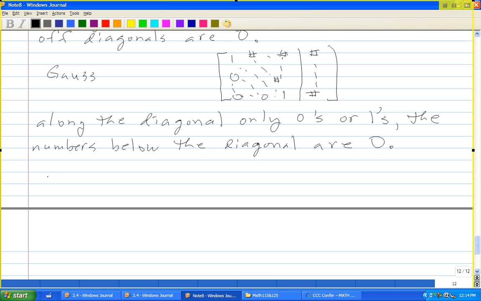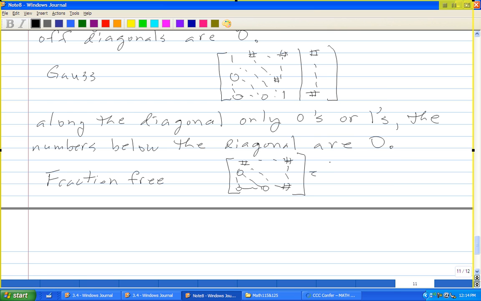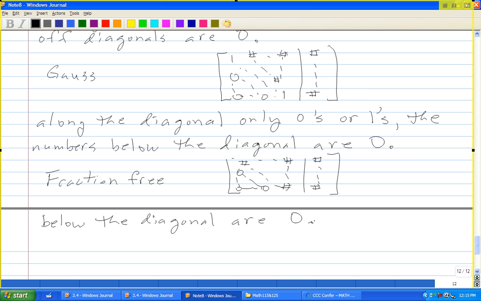Whereas for fraction free, the numbers below the diagonal are zero, and you don't have any other condition.